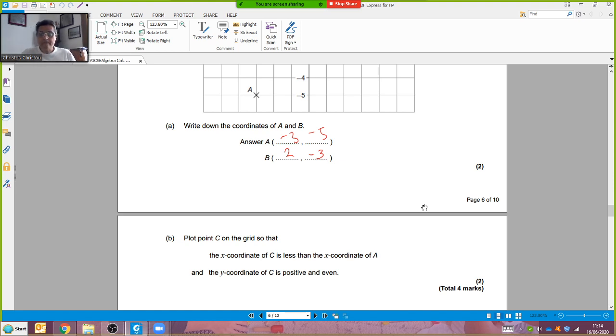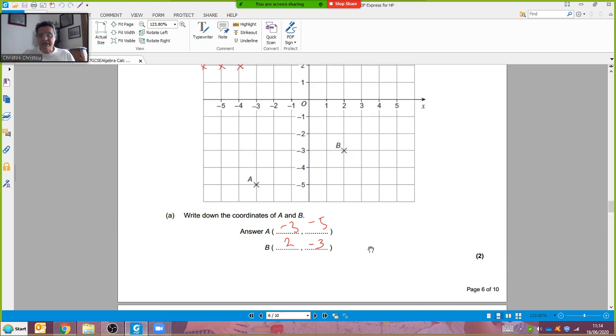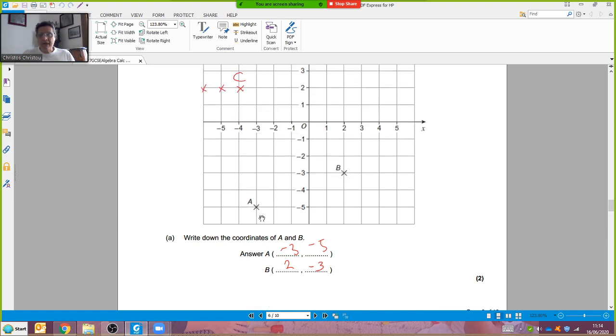Don't do that. So the point C on the grid has got an x coordinate less than the x coordinate of A. Now, some of you misunderstood negative numbers. The x coordinate of A is -3, which means the x coordinate of point C is going to be something like -4 or -5 or -6. It's going to track more to the left, all right?